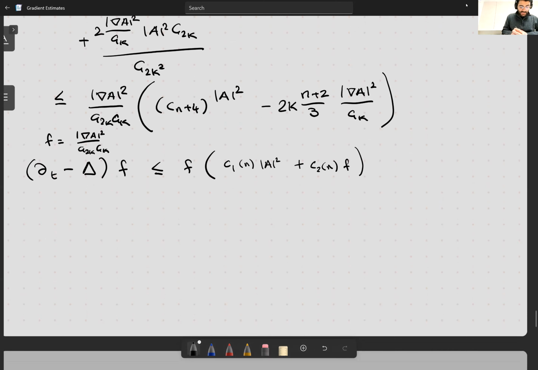So let's suppose that at x0, t0 in the interior, we have a maximum point of f.